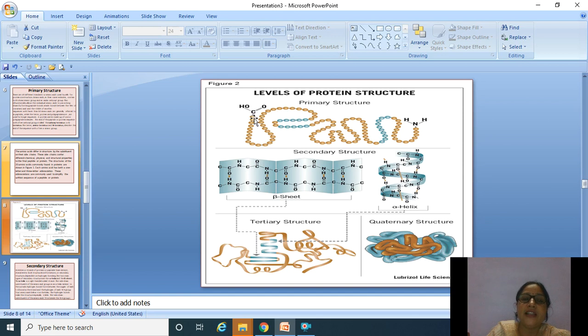The last amino acid has the carboxyl group at the end, so it is known as the carboxyl terminus or C terminus. Here the end group is the NH2 group, and this is called the N terminus or nitrogen terminus. These small balls or beads are the amino acids which are bound together by the peptide bond.